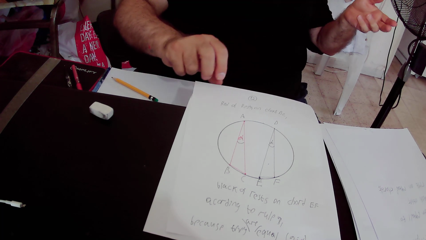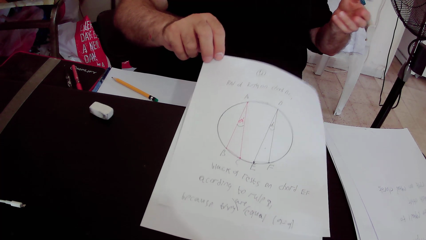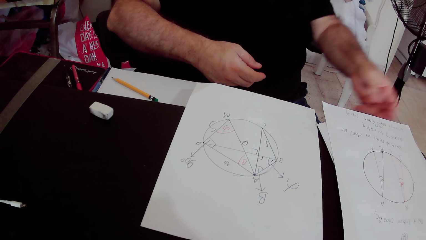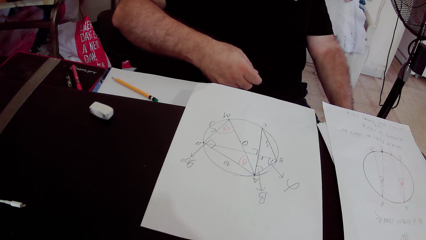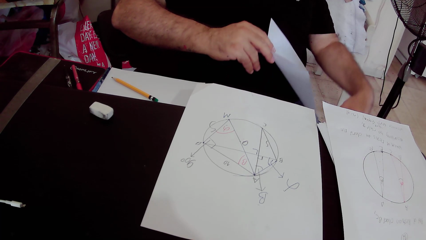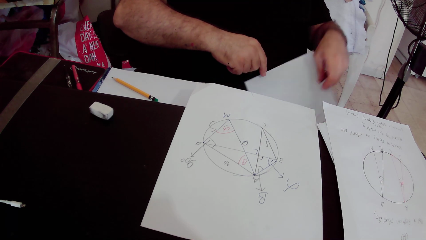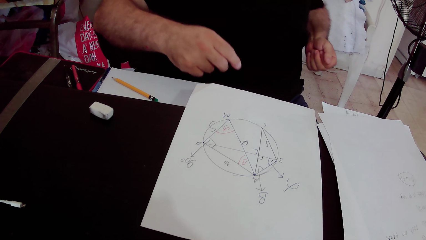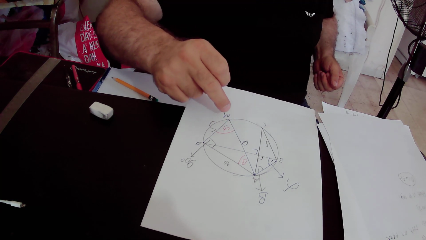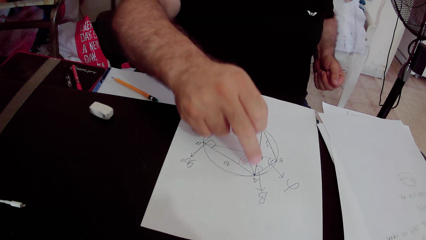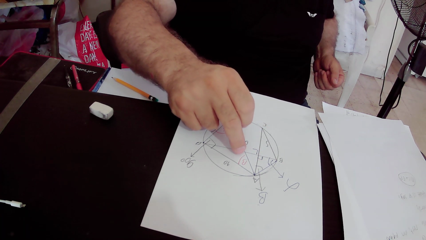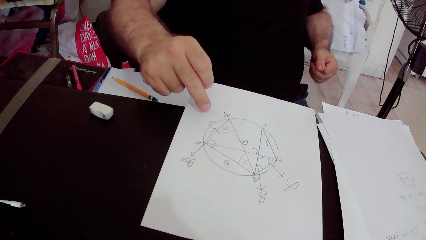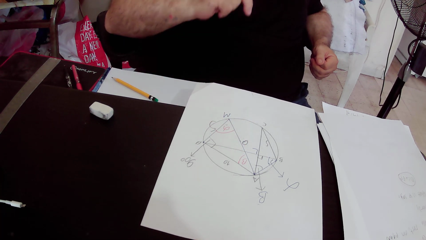We can implement rule number 3 in our circle. We have angle MAD that equals beta, and angle MAD rests on chord MD.